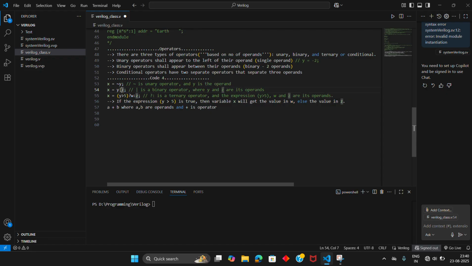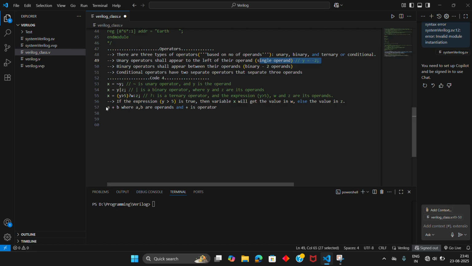On them we perform the bitwise or operation using this symbol, which is placed between the two operands. That's the meaning of this line.